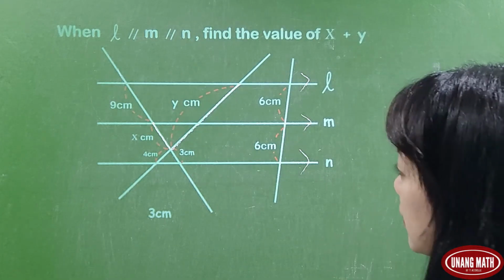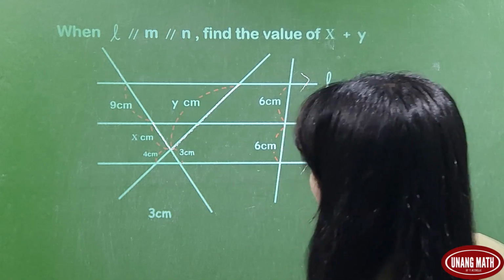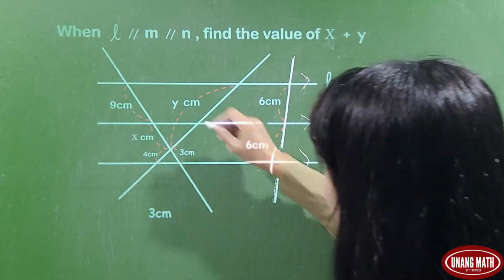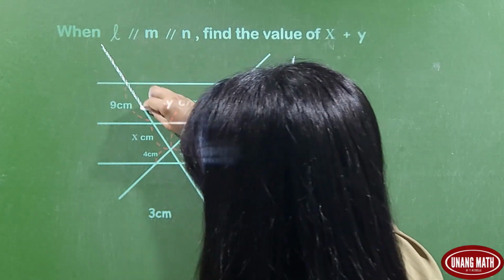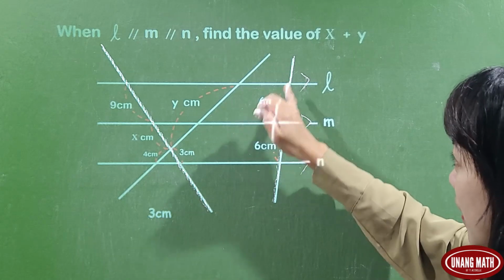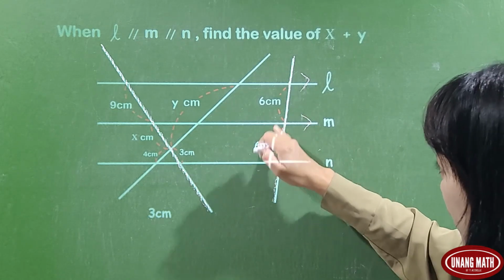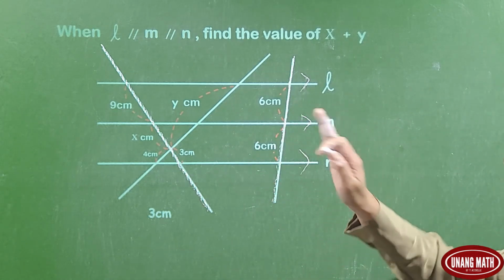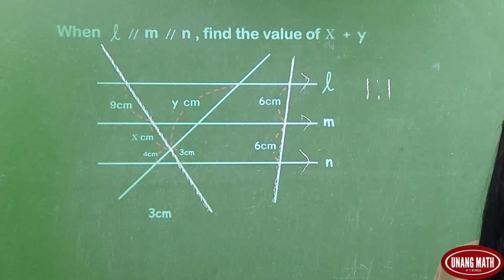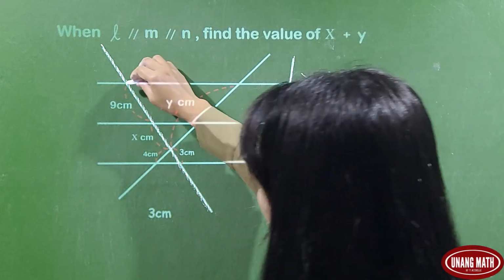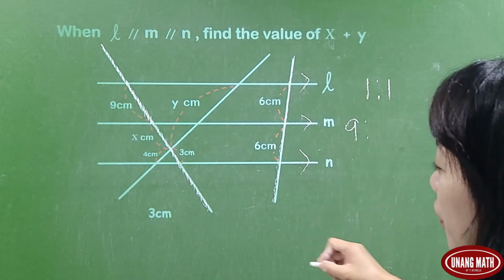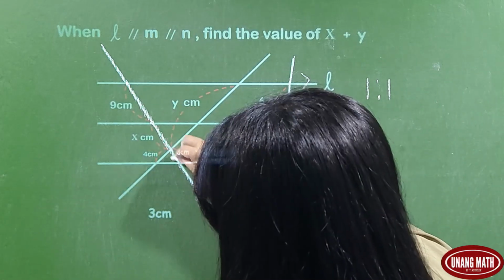First, we are going to consider this line and this line. Since this is 6 centimeters and this is 6 centimeters, the ratio of similarity is 1:1. So this length, which is 9 centimeters, is to this length.